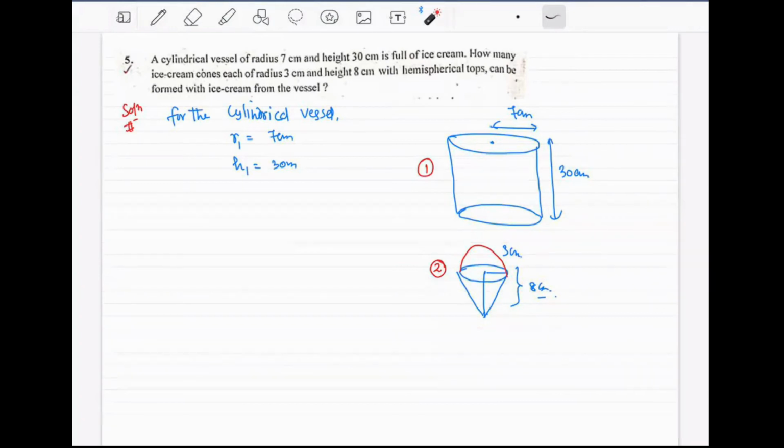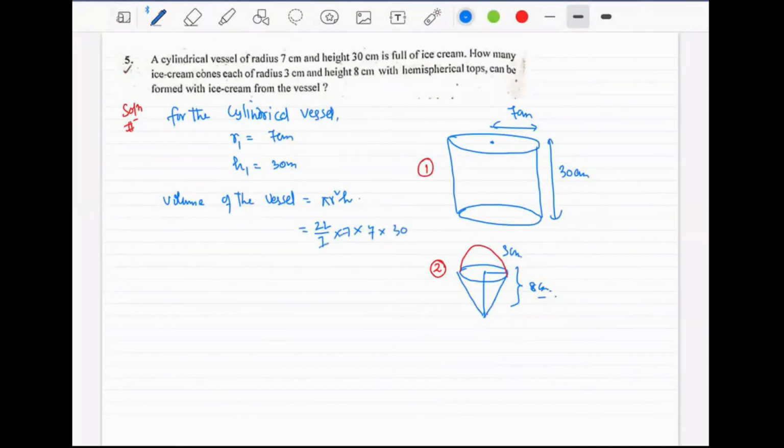H1 is the height of the cylindrical vessel. How much is the volume? Volume of the vessel, you know the formula for volume of a cylinder, right? Pi r square h. So 22 by 7 into 7 into 7, h is 30. Cancel them.